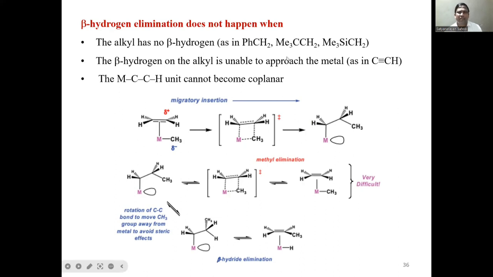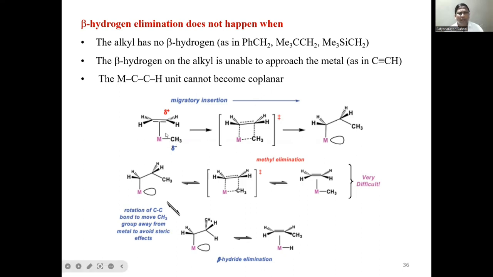So although this is a beta hydrogen, it is far away from the metal center, so beta hydrogen elimination does not happen. The third case, if the M-C-C-H cannot become coplanar, there is no question of beta hydrogen elimination.